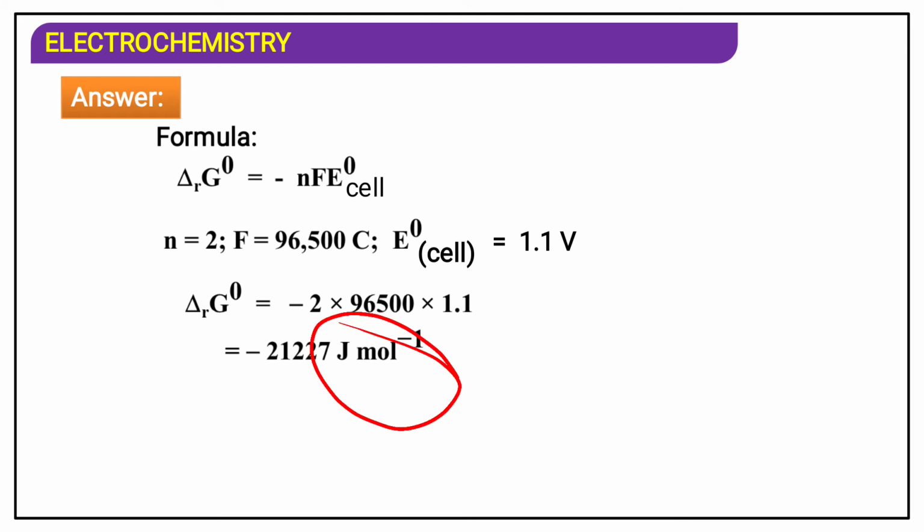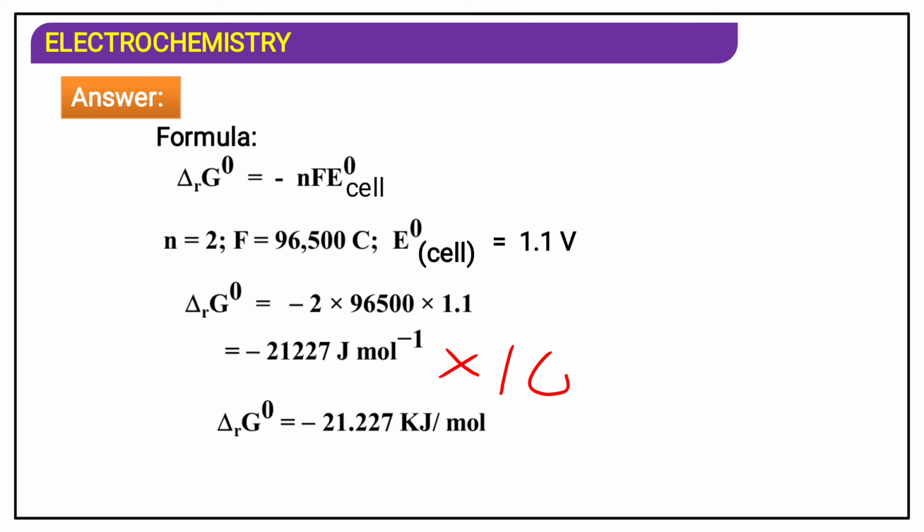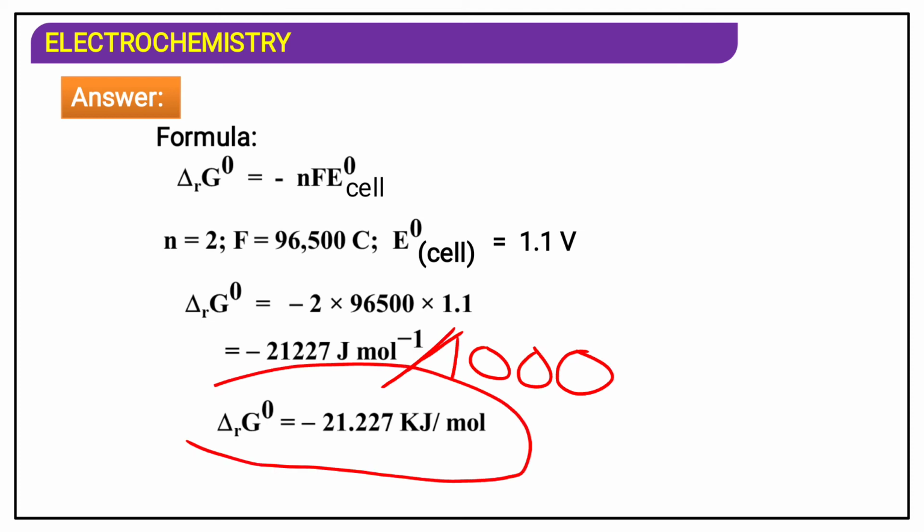joules. If you want to convert it into kilojoules, then multiply by 10 to the power of minus 3, or divide the entire value by 1000. That is also fine, both are the same. Then we are getting the delta G naught value in kilojoules.